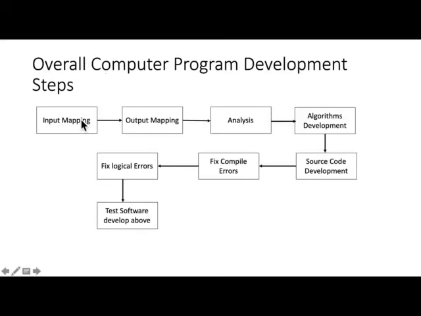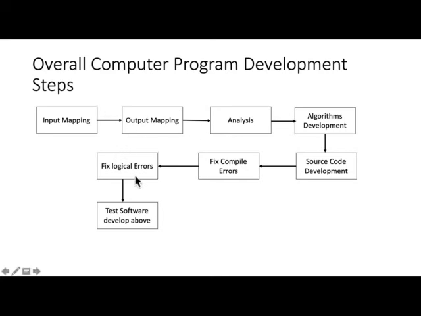So we do input mapping, we do output mapping, we do analysis. Based on these three, we do algorithm development, then we do source code development, then we fix the compile errors, we fix the logical errors, and then we test our software with a wide range of data to make sure there are no other errors actually.